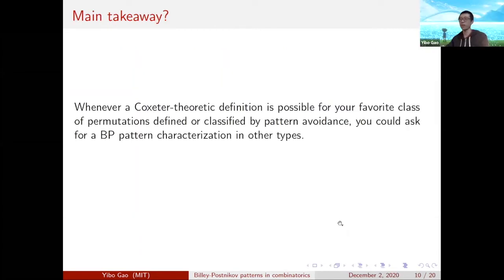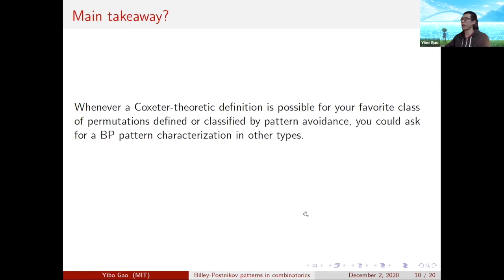So the main takeaway, as I said in the beginning, is that whenever a Coxeter theoretic definition is possible for your favorite class of permutations defined or classified by pattern avoidance, you could ask for a Billey-Postnikov pattern characterization in other types, if you can find one. For the rest of the pre-seminar, I will just list some examples.